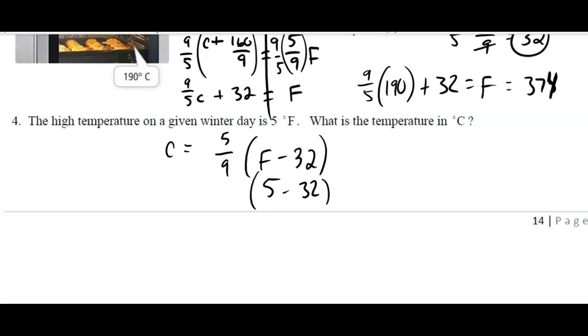Subtract 32. That gives me negative 27 times 5/9. Put that in your calculator. 5/9 times negative 27 and degrees Celsius is negative 15.